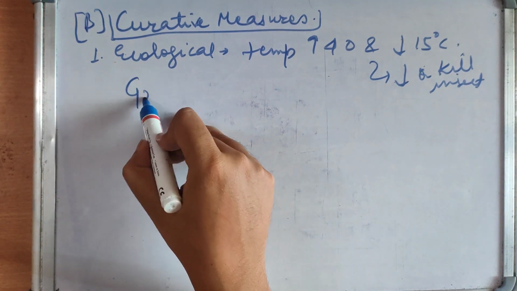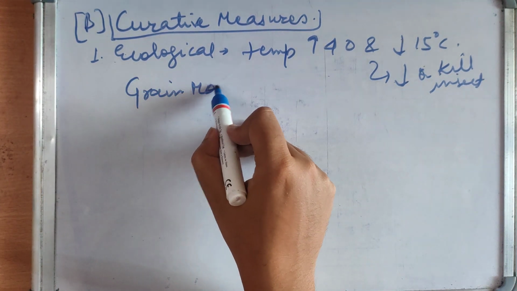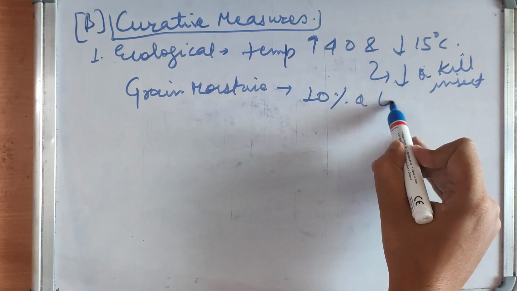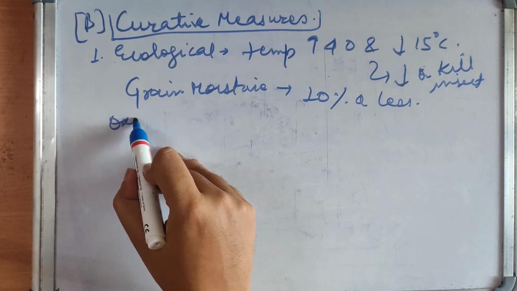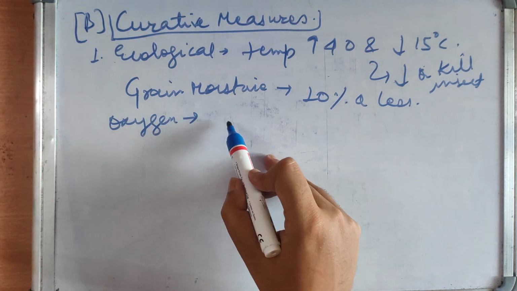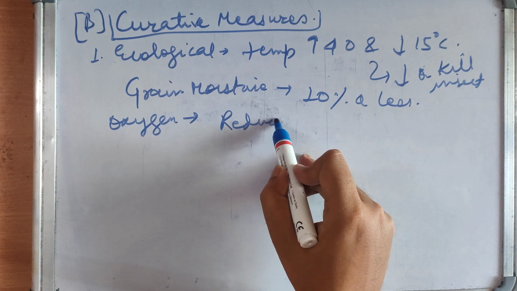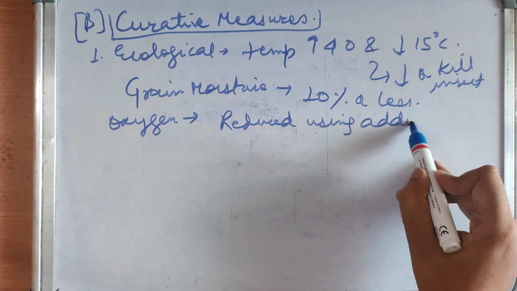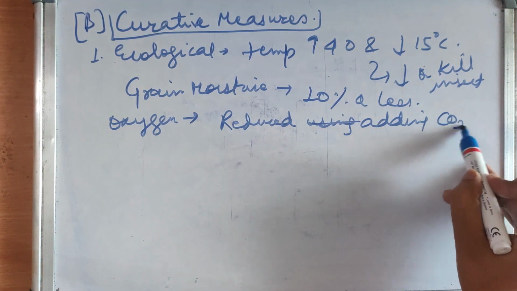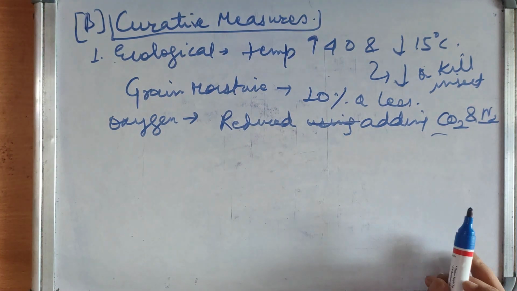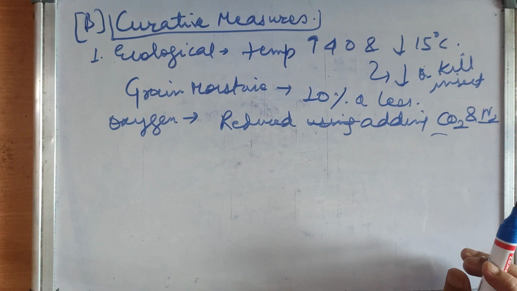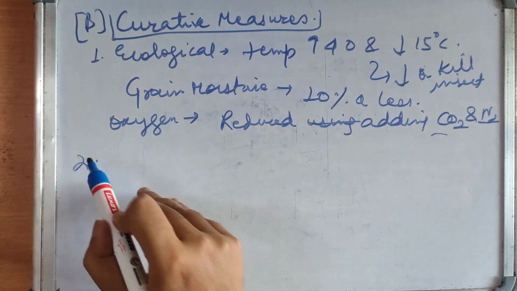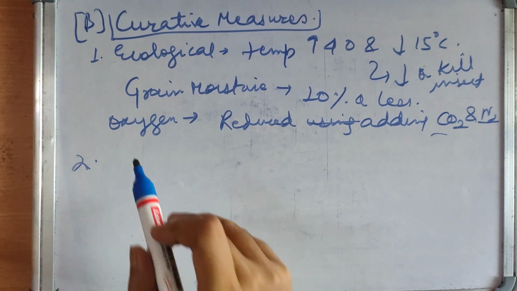Grain moisture should be 10% or less. Oxygen should be reduced by adding CO2 and N2. In these conditions the insect will not be able to grow properly, and their population will slow down and retard.